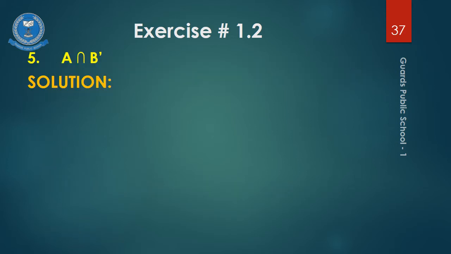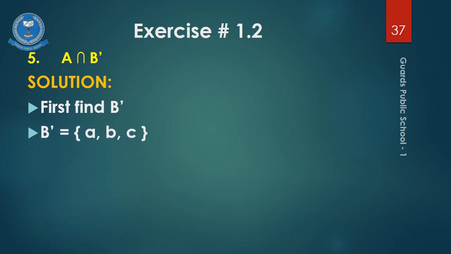Exercise number 1.2 and question number 5 is A intersection B complement. After solution, first find B complement, and B complement means difference of set B from the universal set. We have found B complement in question number 2.